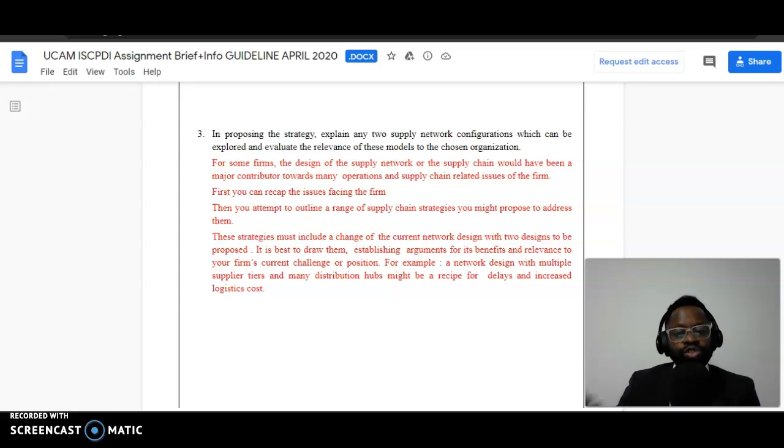So it is best to draw them, establishing arguments for its benefit and its relevance to your company. So you're going to sell it. Why do you propose this model? For its benefits and relevance to the firm's current challenge or position. For example, I'm repeating, a network design with multiple supplier tiers and many distribution hubs might be a recipe for delays and increased logistics. So that is another side of looking at it too.